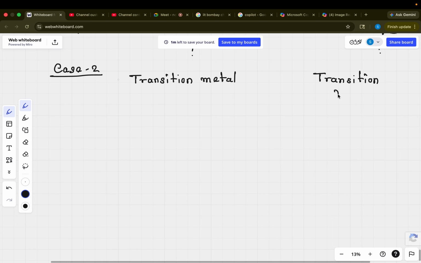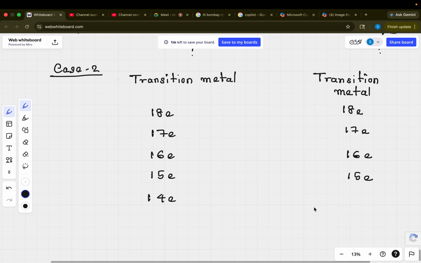Suppose you have 18 electrons here, that will be absolutely equivalent to 18 electrons. 17 electrons will be equal to 17 electrons. If you have 16, that will also be 16. If you have 15, here also it will be 15. If you have 14, here also it will be 14. Like that it will continue.